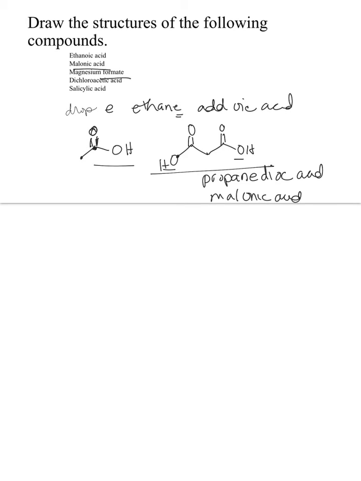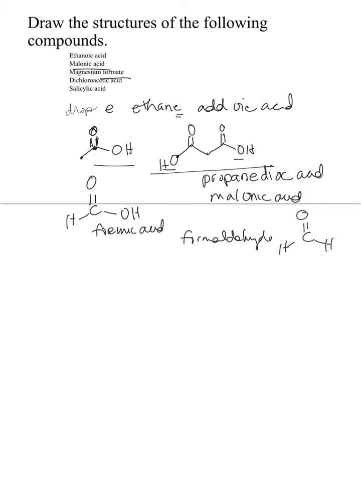Magnesium formate. It's good to know that formic acid is just 1 carbon. So this would be formic acid. Formaldehyde then would be 1 carbon with 2 hydrogens.